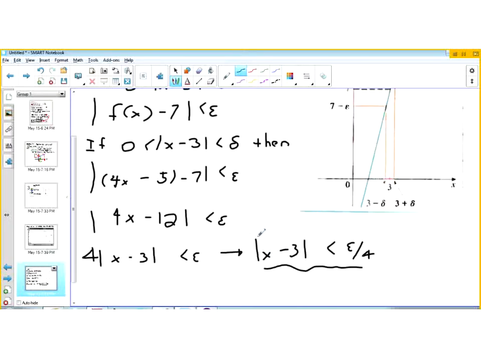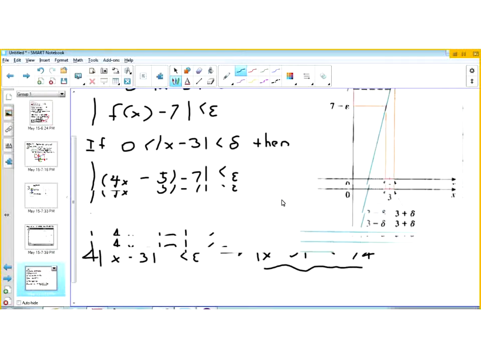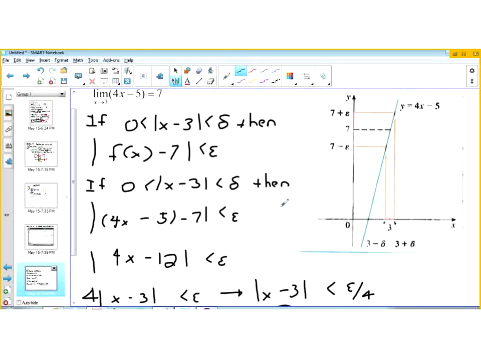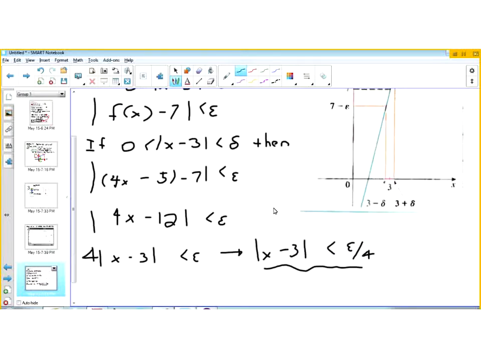So no matter what epsilon you choose, I can find a delta such that if I'm within delta units of 3, then I will be within epsilon units of 7.